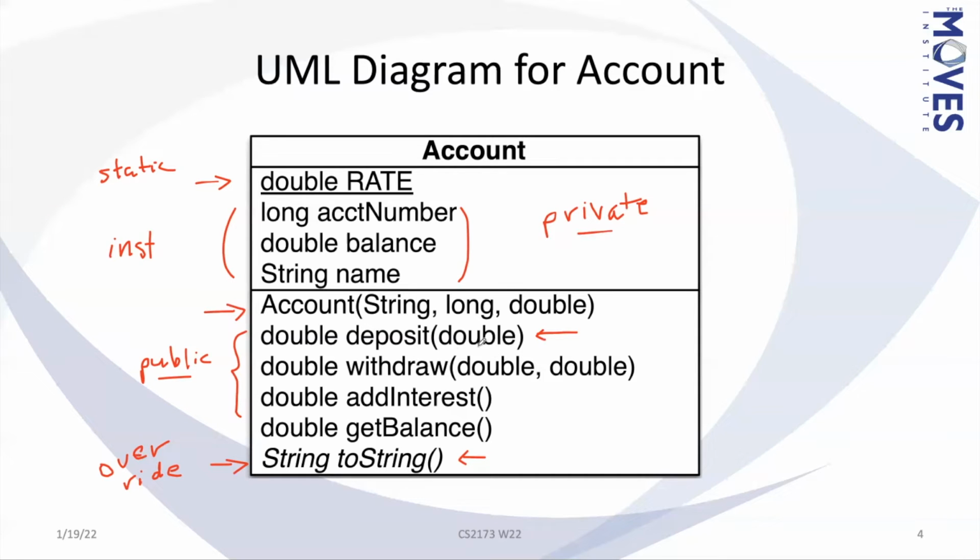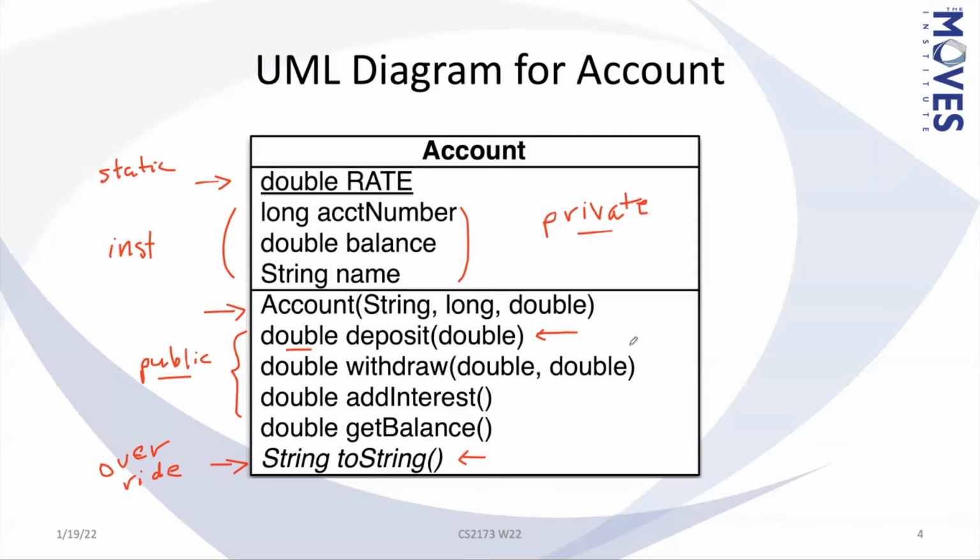This means that the argument to the deposit method is a double value. When you write it, you can't just put double in there; you have to put double and then give a formal parameter for it. It returns a double. Now, what does it return? Again, the UML diagram doesn't say that. That has to be specified somewhere else.